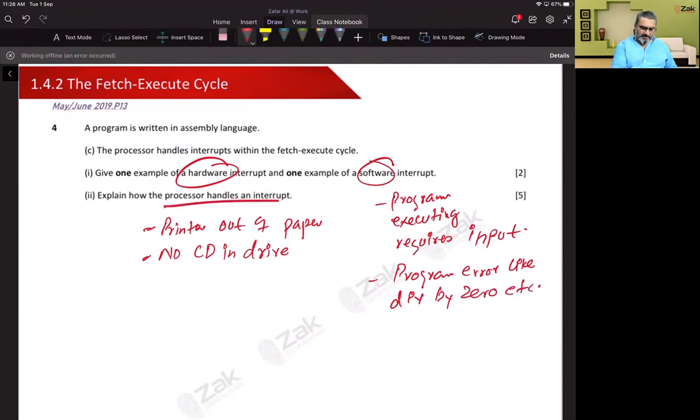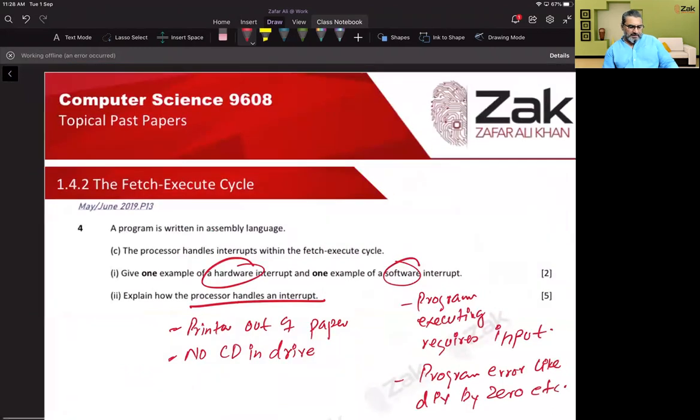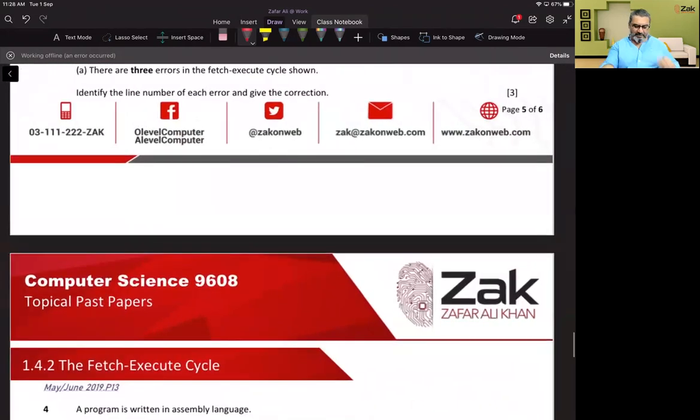Explain how the processor handles the interrupt. We have already discussed it. So this is fetch decode execute cycle related past paper questions. Let's do the next task.